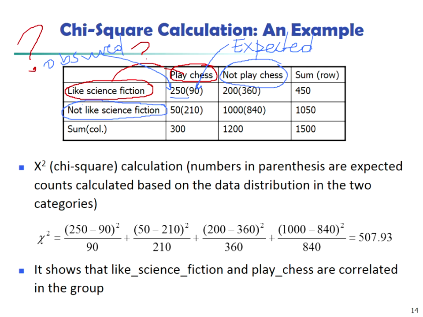Okay, so after that, when we want to calculate chi-square, we just compute 250 minus 90, squared, divided by 90, plus 50 minus 210, etc. So we will obtain this value. This value shows that liking science fiction and playing chess are correlated in this group.